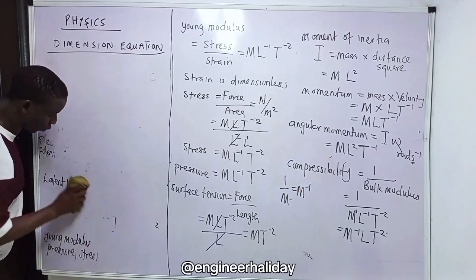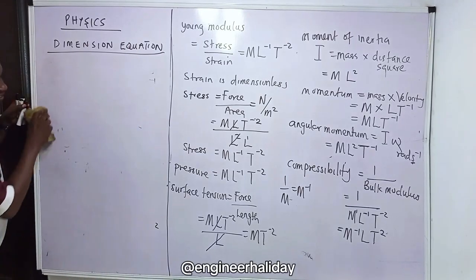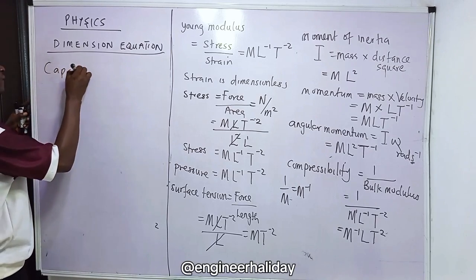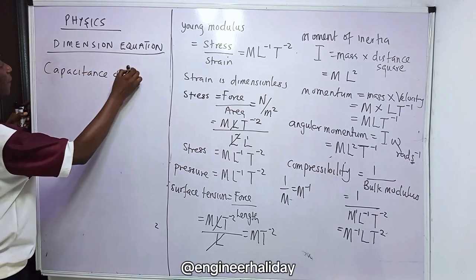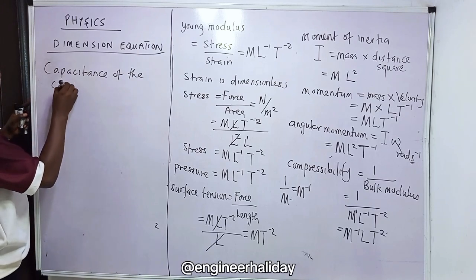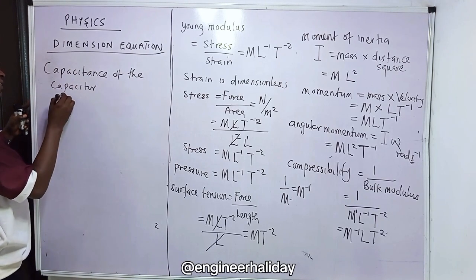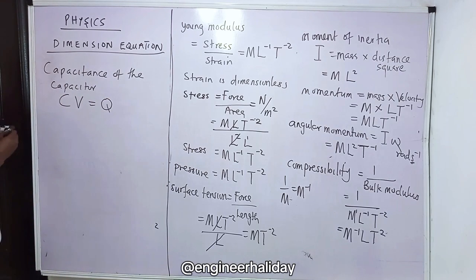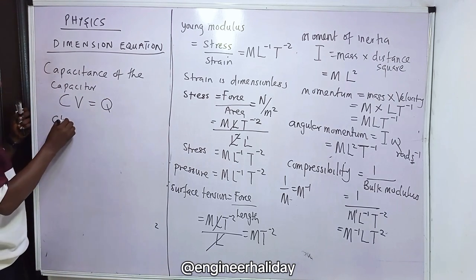Now, another thing I want to talk about is the capacitance of the capacitor. Remember that CV equals Q. What is the dimension for charge first?